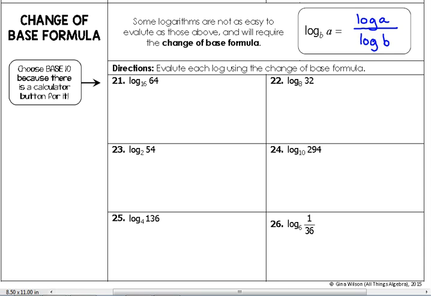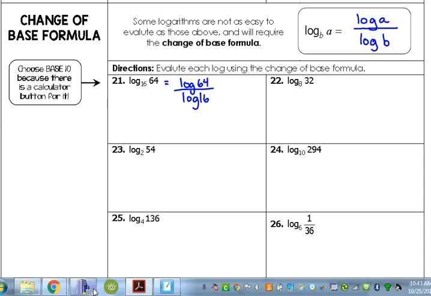So 16 and 64, they are semi-related. They could both be written as base 4s, but let's just use the change of base to figure out what this is. So that's equal to the log of 64 divided by the log of 16, and we're going to use our calculator.